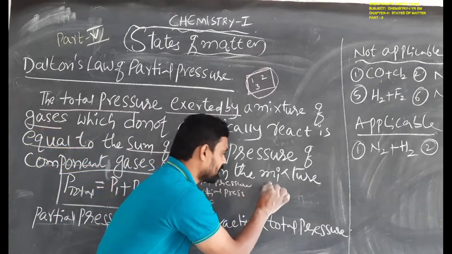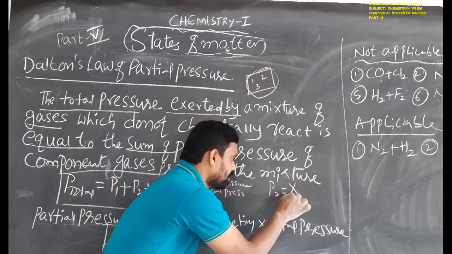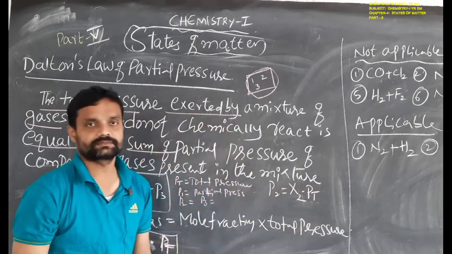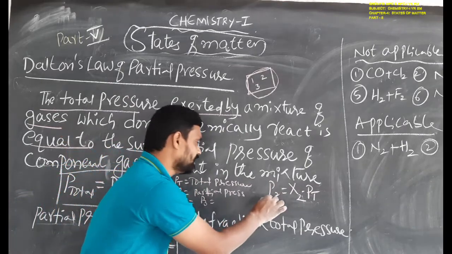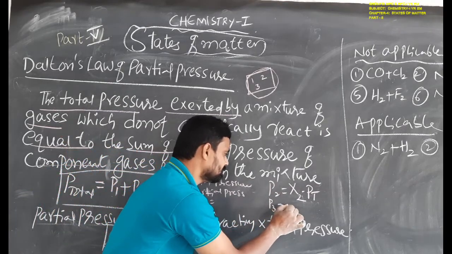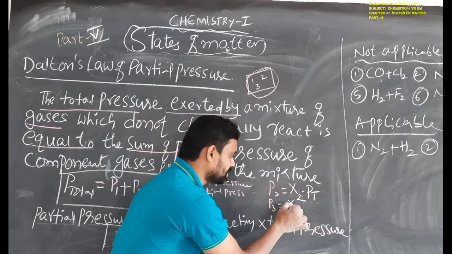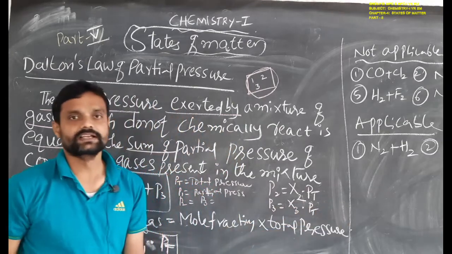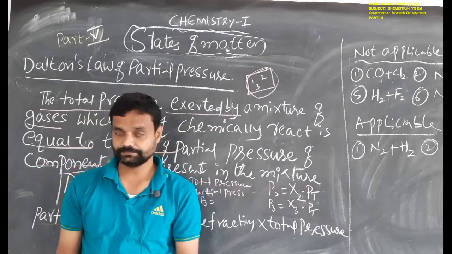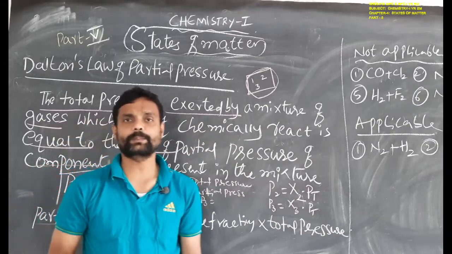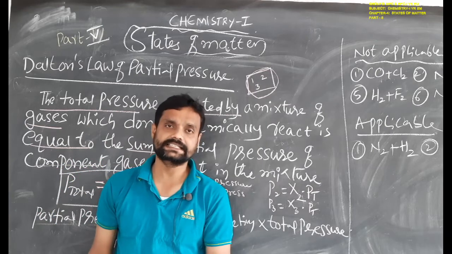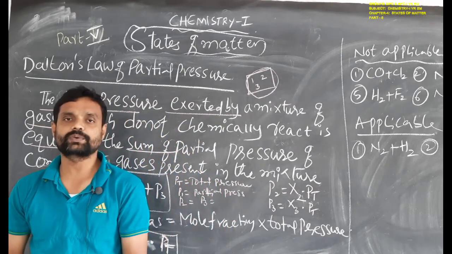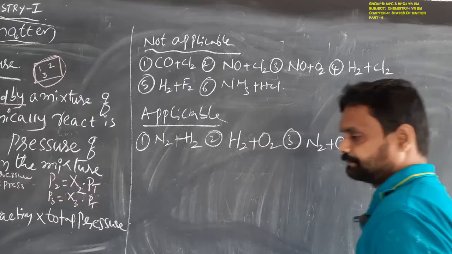Similarly, the partial pressure of the second gas is equal to the mole fraction of the second gas into total pressure. Similarly, the partial pressure of the third gas is equal to the mole fraction of the third gas into total pressure. So by using this formula, we can find the partial pressure of any gas. So this is the meaning of Dalton's law of partial pressure.